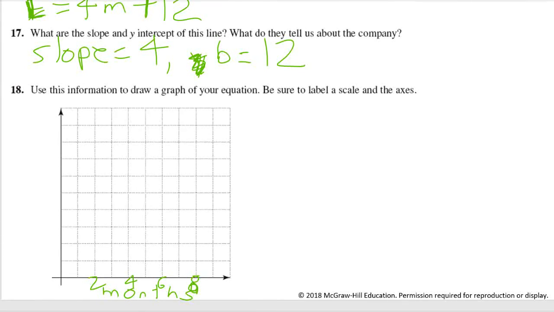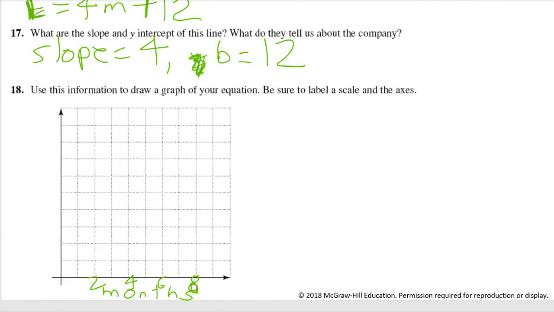So now I have to think about the number of employees after 10 months. I will have 40 new employees plus the 12 we started with. We have 52. So I could go by fives. I would get up to 50, but I would lose that last point, which would be just above the graph. We don't want to see that. So I'm not going to go by fives. I'm not going to go by tens.